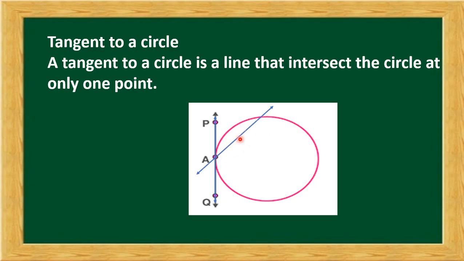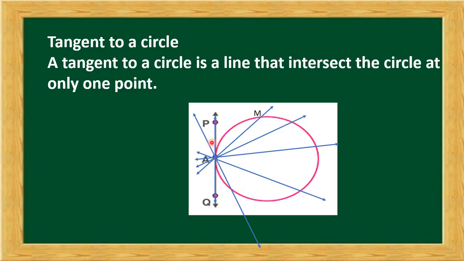Like this, this line PQ touches the circle at 2 points, A and the second point M. Move this line PQ again, and again it touches the circle at 2 points. Again this line PQ touches the circle at 2 points, here also, here also.